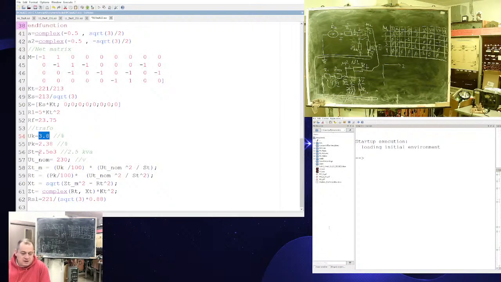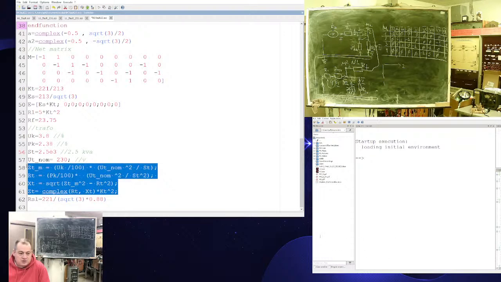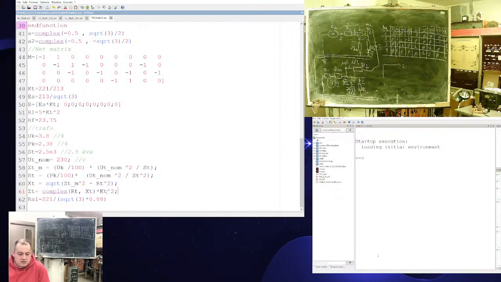So 2.5 kilovolt ampere, it's rated power, with very simple formulas, including the Pythagorean theorem, I got the transformer resistance.